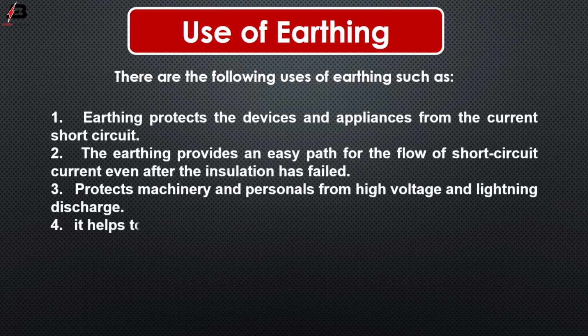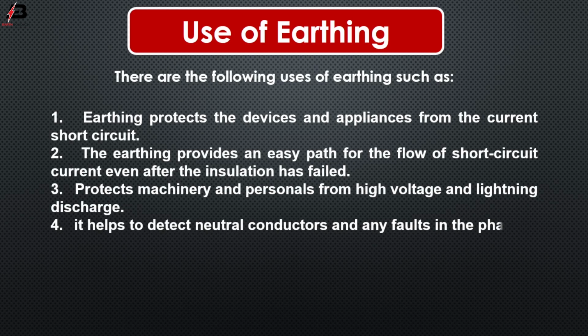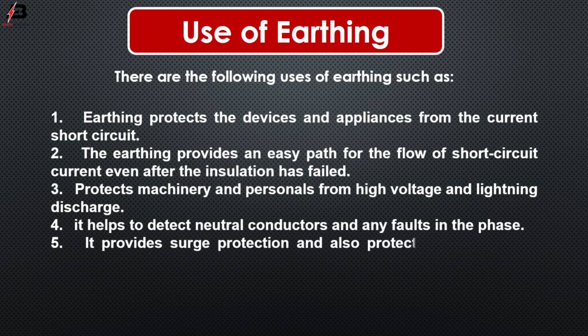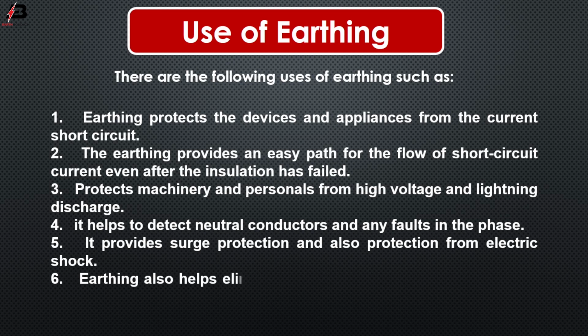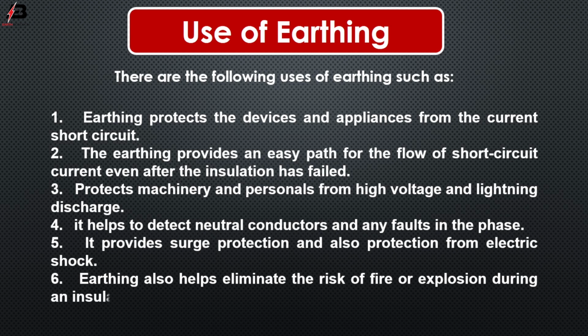Number 4, it helps to detect neutral conductors and any fault in the phases. Number 5, it provides surge protection and also protection from electric shock. Number 6, earthing also helps eliminate the risk of fire or explosion during an insulation failure.